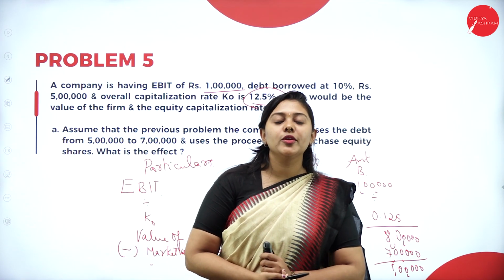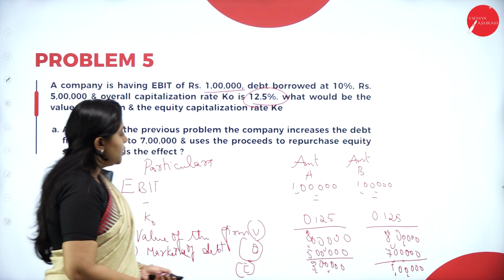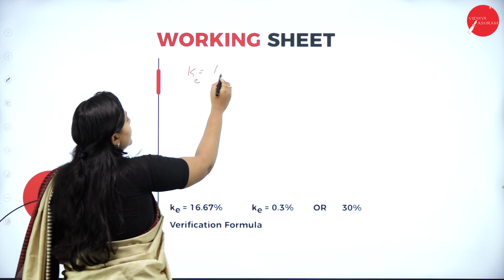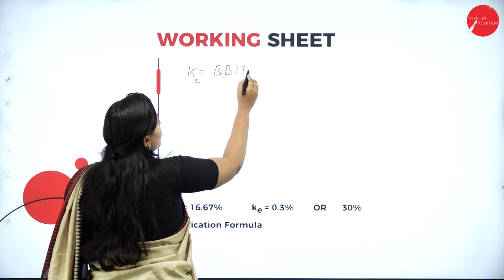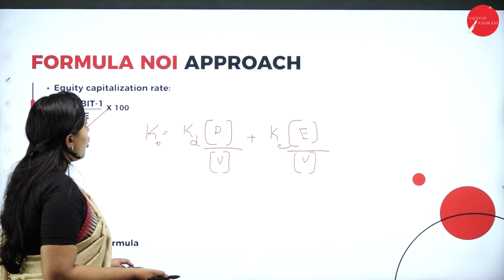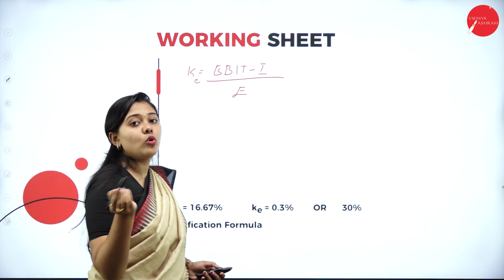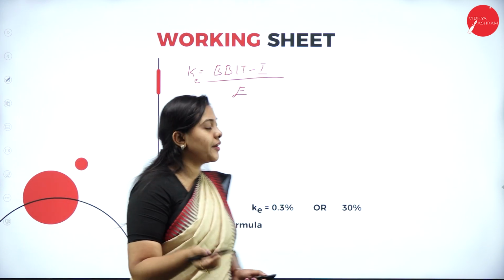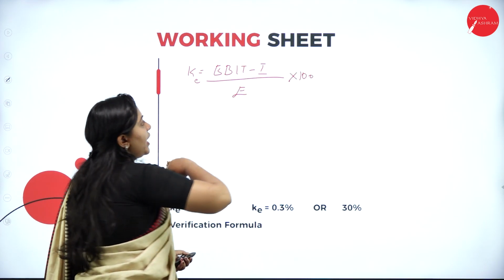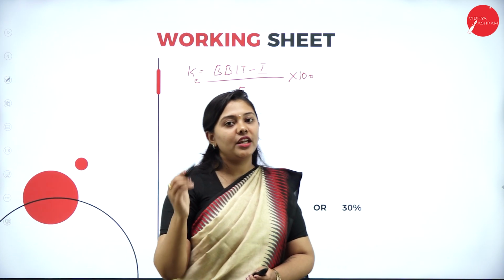With this value, let us calculate the equity capitalization rate. Moving forward, equity capitalization rate is equal to EBIT minus interest divided by market value of equity into 100.